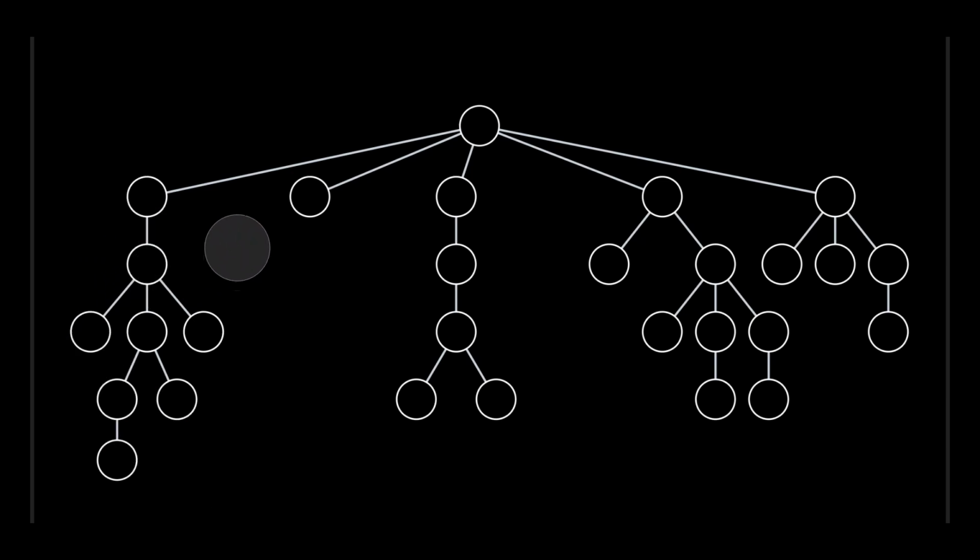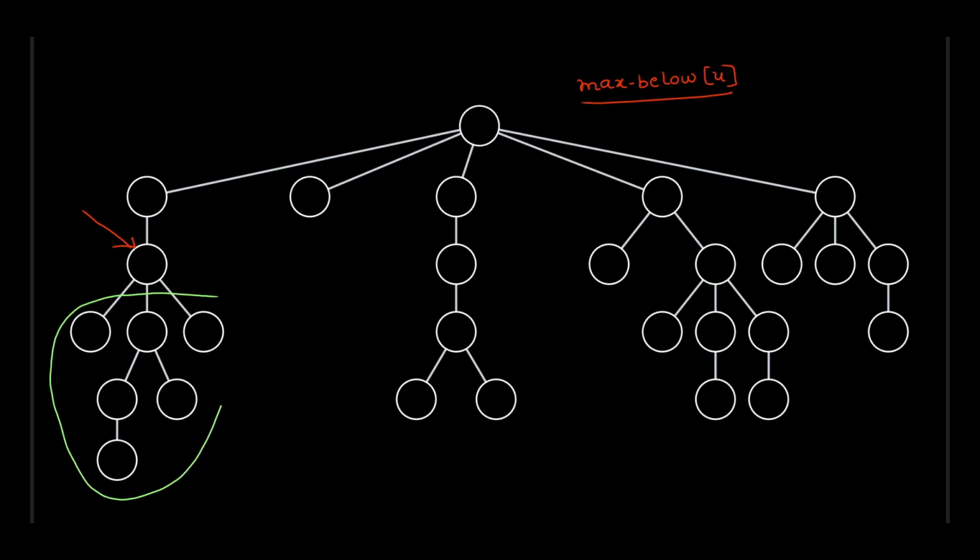So you can see that if you define a DP called max below, then max below of u would represent, for this particular node U, what is the maximum node in the subtree that is below it.